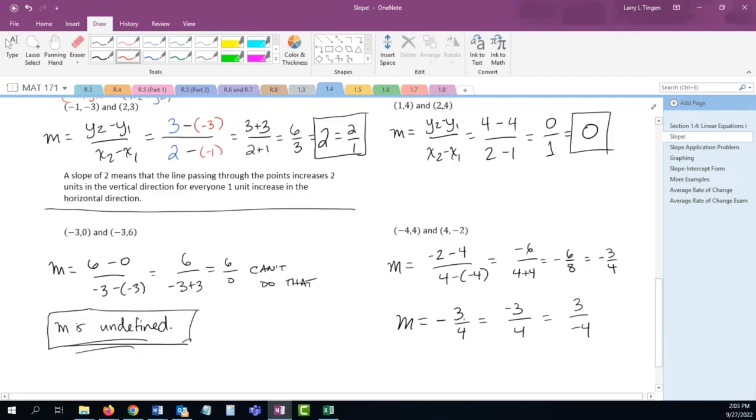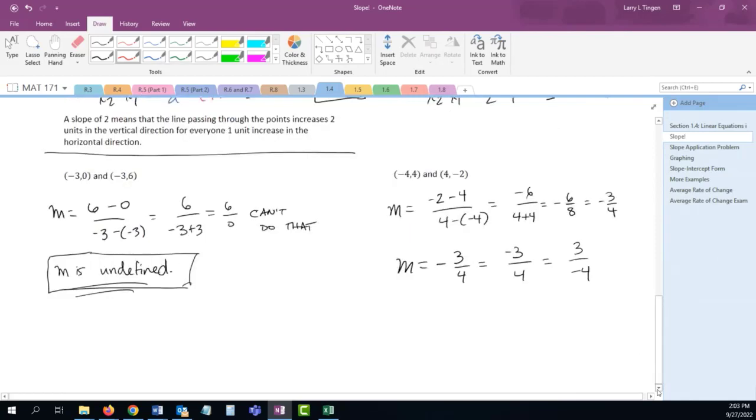So either put the negative with the numerator and let the denominator be positive, or put the negative with the denominator and let the numerator be positive. Because if they're both negative, then -3 divided by -4 actually comes out to +3/4.